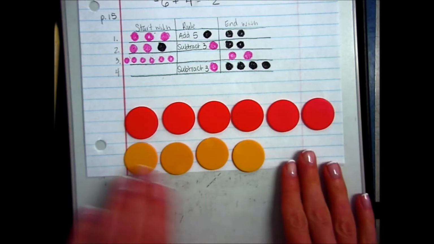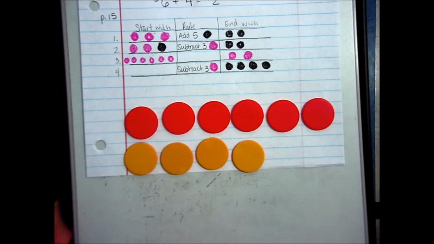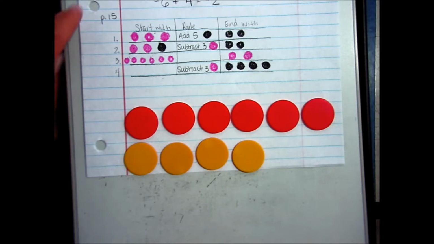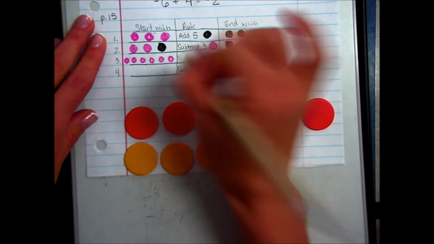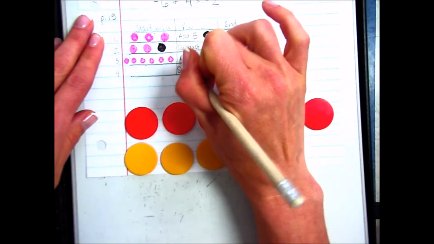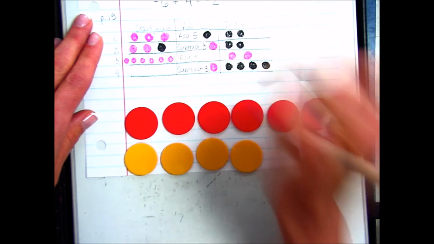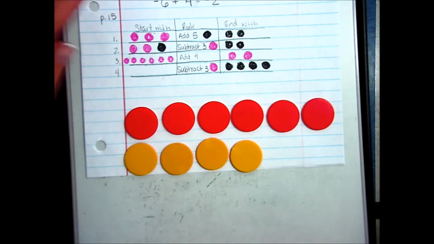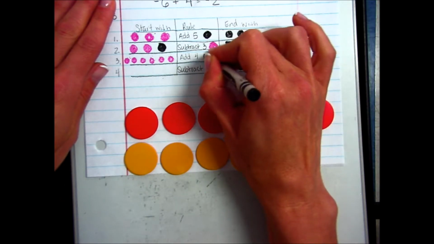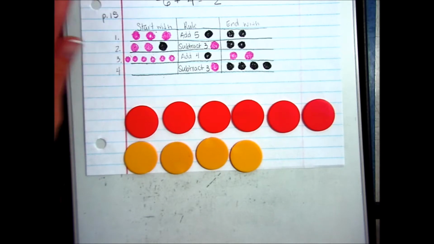So then if I added the 4 black and that canceled those out, I would be left with 2 red. So then I'm going to write. Okay?